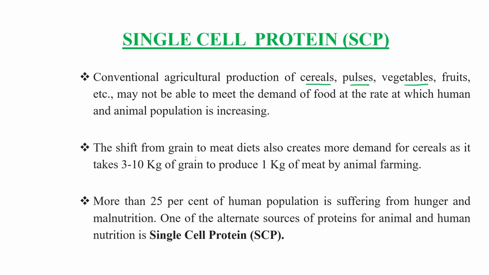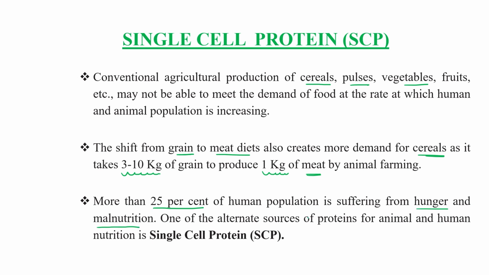The shift from grain to meat diet also creates more demand for cereals, as it takes 3 to 8 kg of grain to produce 1 kg of meat by animal farming. Okay, more than 25% of human population is suffering from hunger and malnutrition.